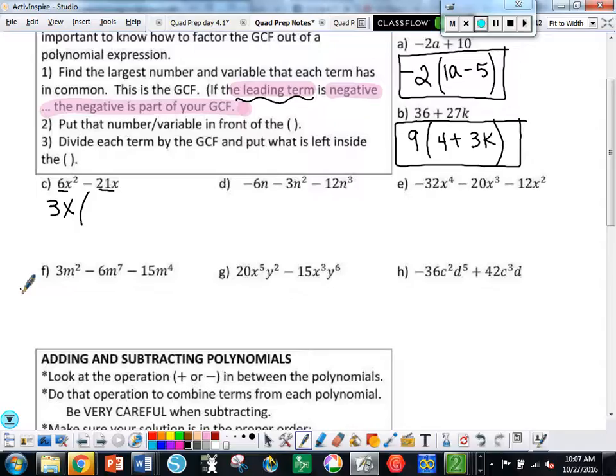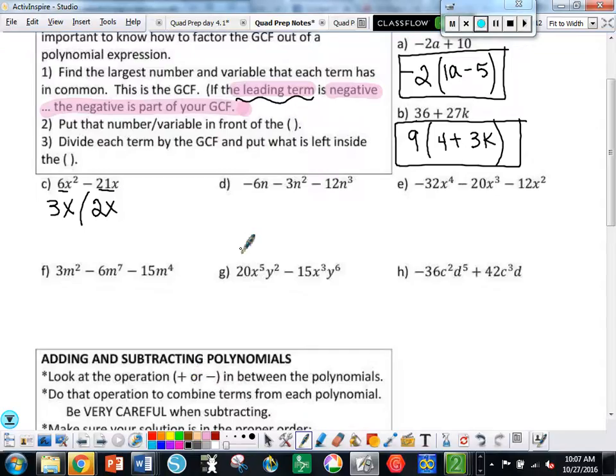Just watch. So everybody, instead of finishing writing this down, let's just watch for a second and then I'll have you write it down. Because they have it in common. They both have an x in common. Now looking at it, 6 divided by 3 is 2. And then looking at this term still, if I had 2 x's, I take one away, how many x's do I have left? 1.